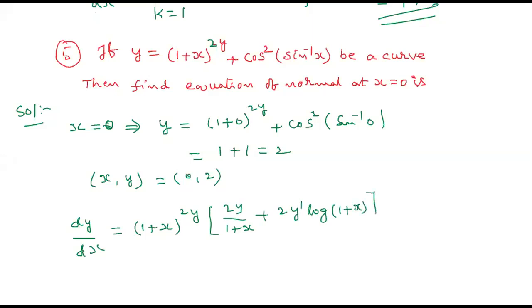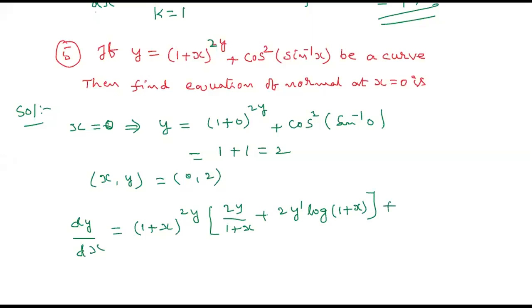So f of x power g of x is there, means apply logarithm on both sides, then do the differentiation. Already you know very well, I think. I have written the shortcut formula.